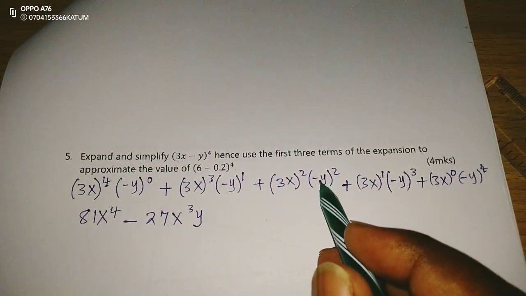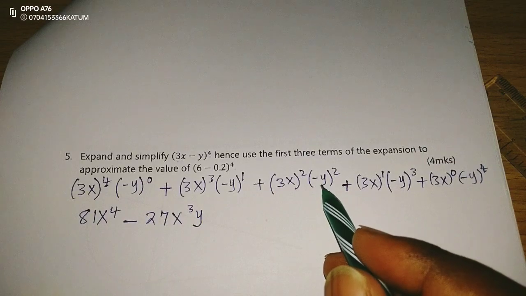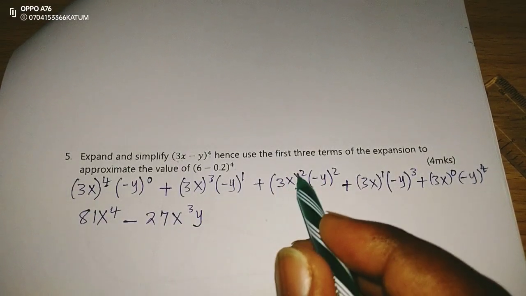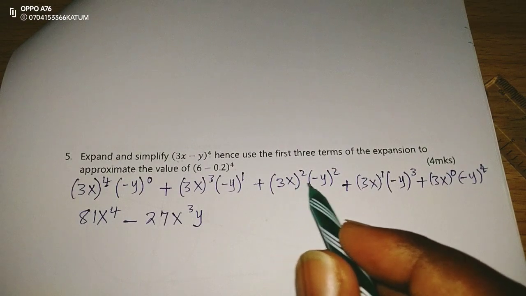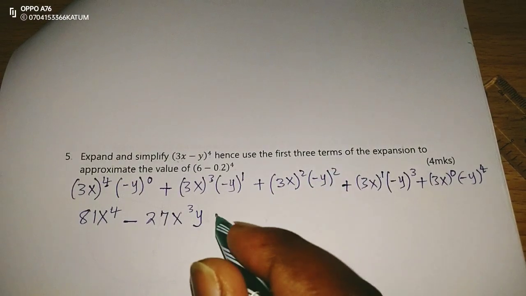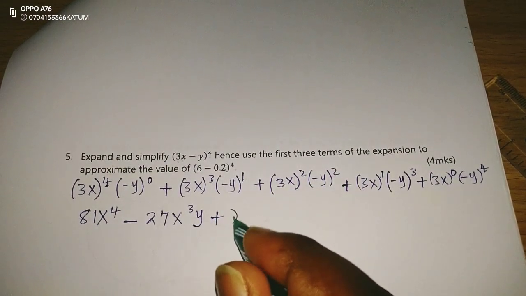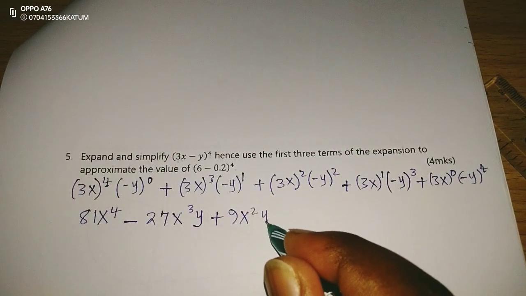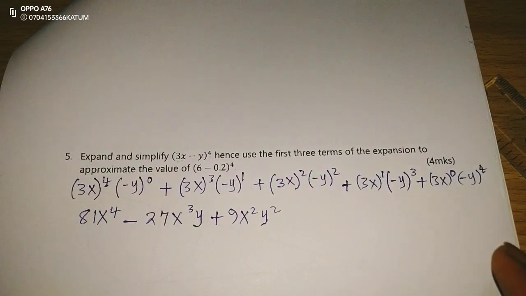Then the next one, when y is squared, the negative will cancel with the other negative. This one will become 9x^2, and this is positive y, so we add 9x^2 y^2.